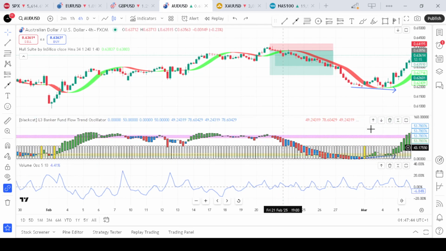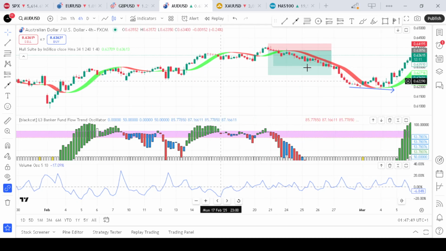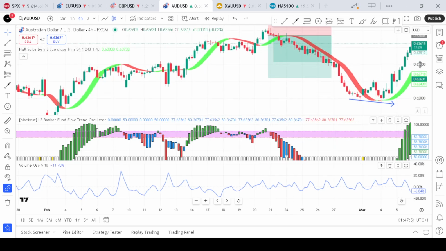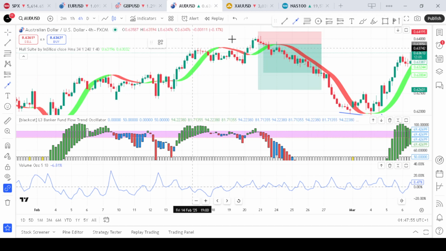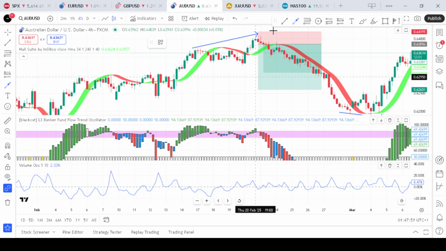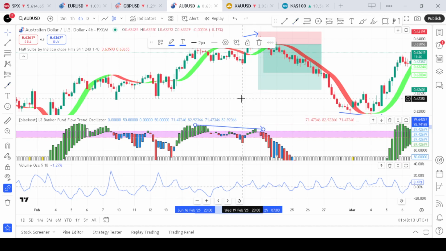As I can see from this area on my chart, the price is making a series of higher highs, but the indicator in this area is making a series of lower highs. This is a bearish divergence.